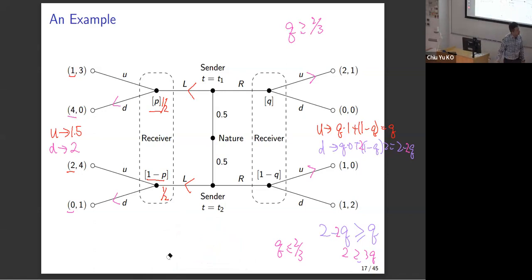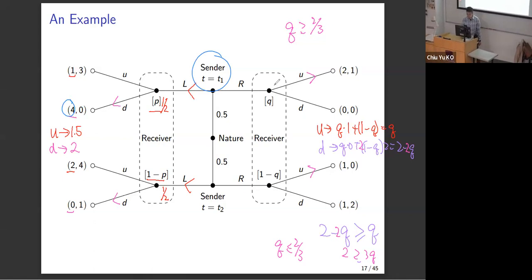So now what we need to check is whether the sender would want to deviate. Sender 1 in equilibrium actually gets 4, compared to the case when you send R, you get 2, so you don't deviate.